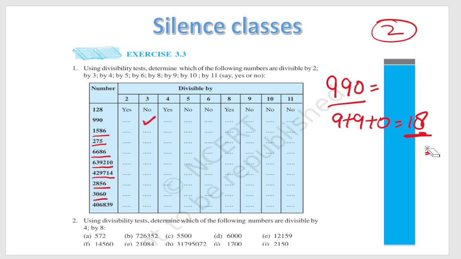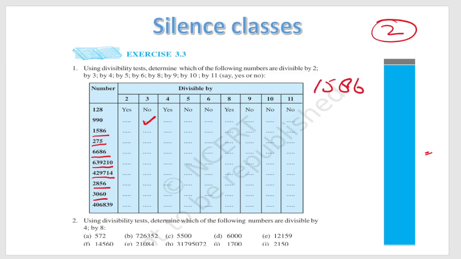3 6 are 18, means divisible by 3. I hope you guys understood. Means we have to add all the digits, then whatsoever sum is there, we have to divide that particular sum by 3. Let's do it. The next question is 1586.